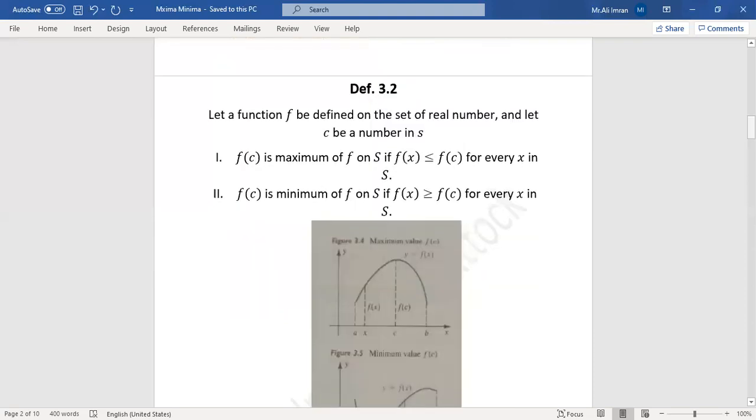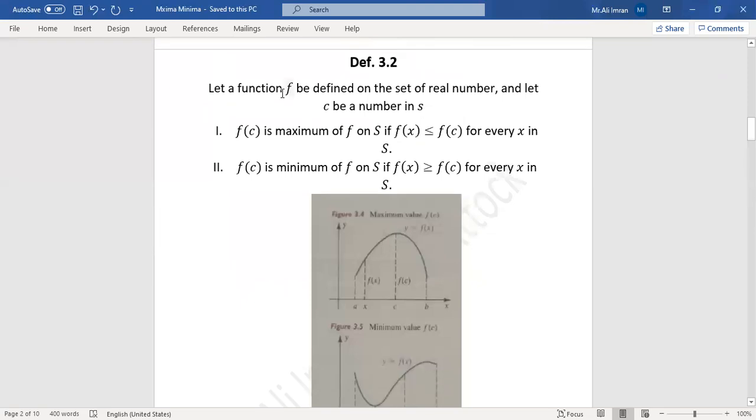Now we proceed toward definition 3.2, which is related to maximum and minimum value of a function. Let a function f be defined on a set of real numbers S, and let c be a number in S. F of c is the maximum of f on S if f of x is less than or equal to f of c.